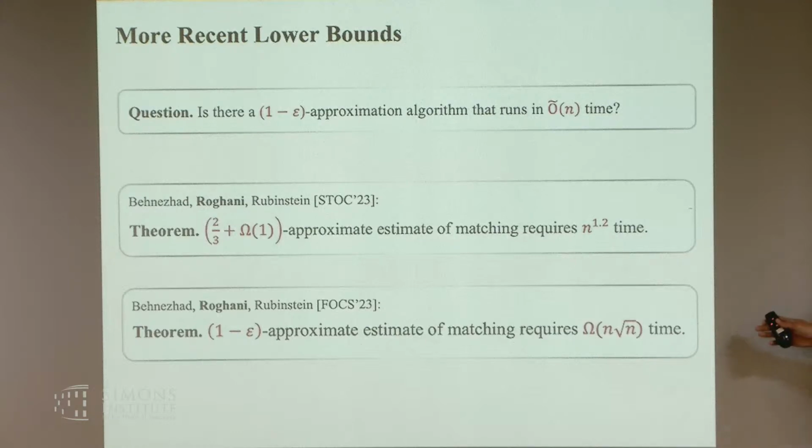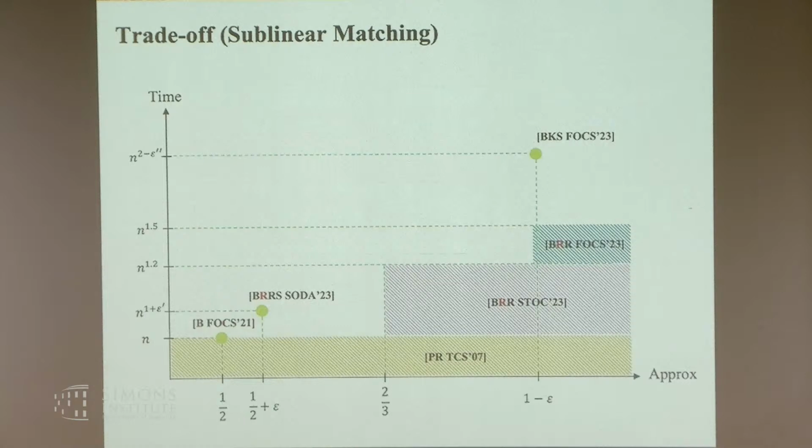The focus of the second paper is mostly the sparse graph regime. If you want to know more about it, I'll have a poster about it. So if we put these two new lower bounds in this plot, we have this neat plot where you cannot have any point in this purple area and also this blue area.